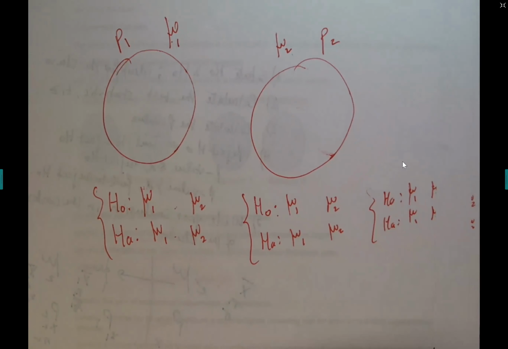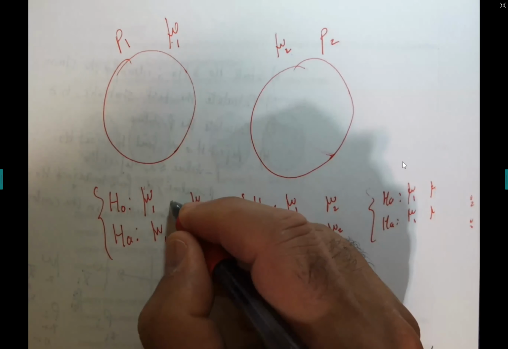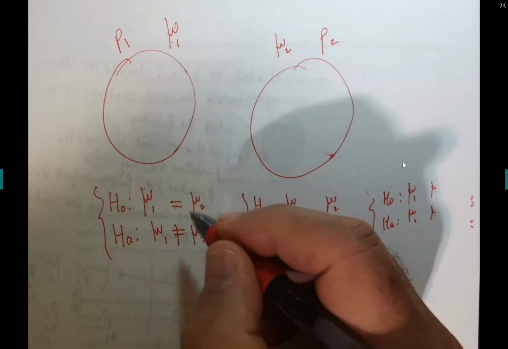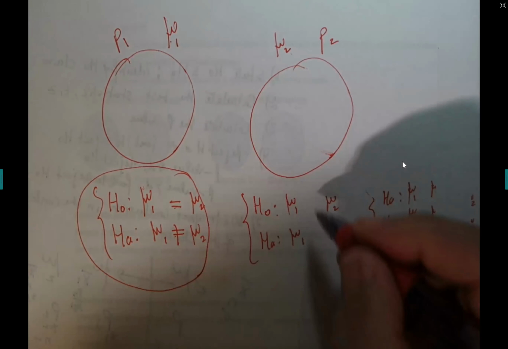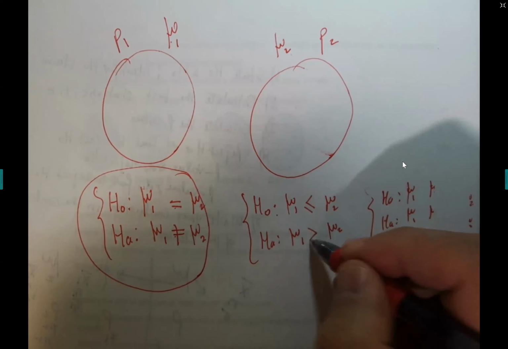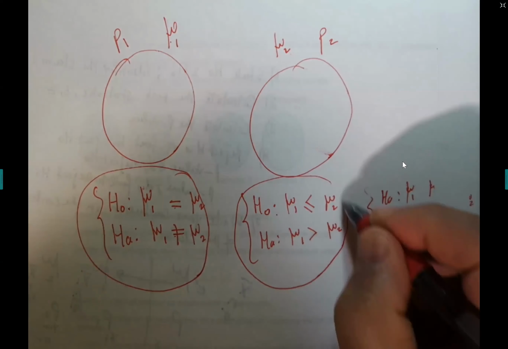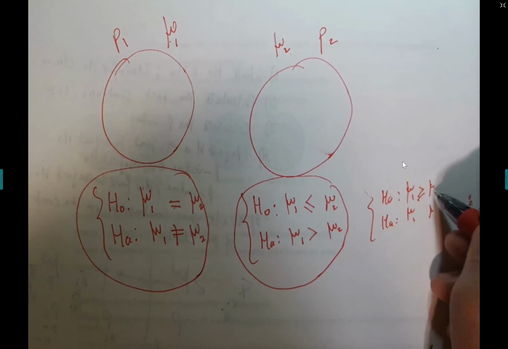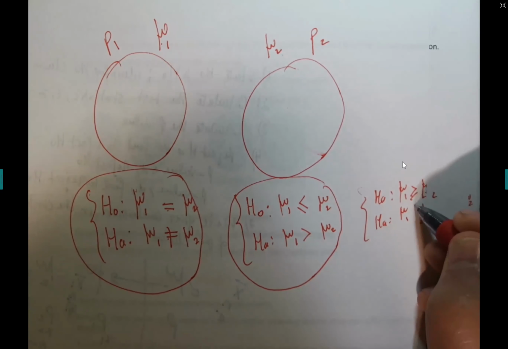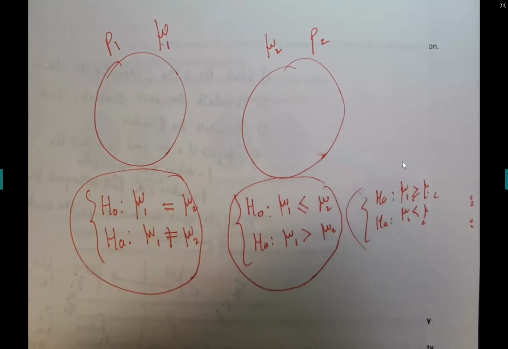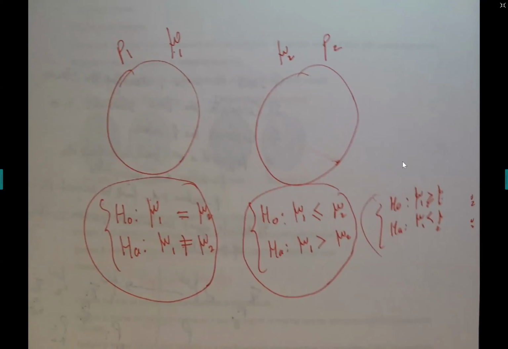For the first one, we could use the equal sign. That's one scenario. Then the larger or equal. That's a second scenario. And then the smaller or equal and larger for the HA. Exactly. That's it, guys. You just select one of the three for your hypothesis.